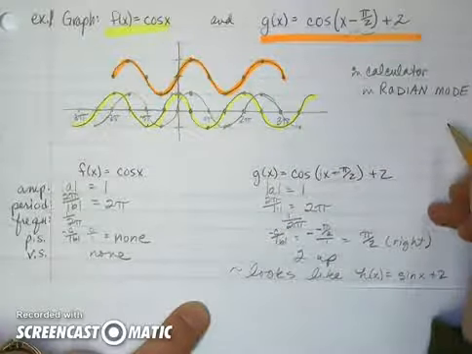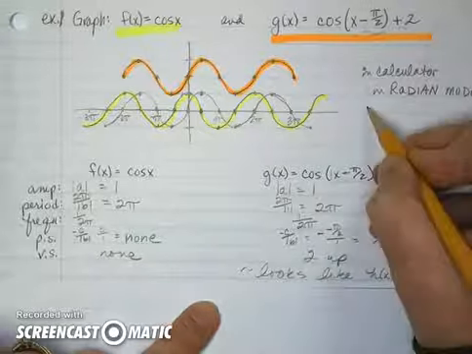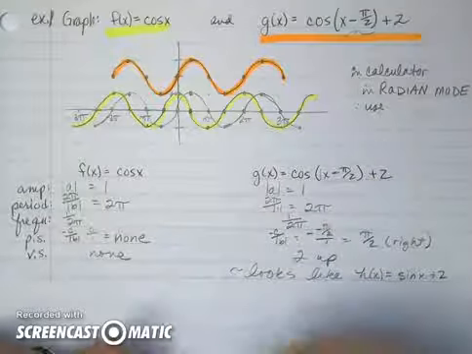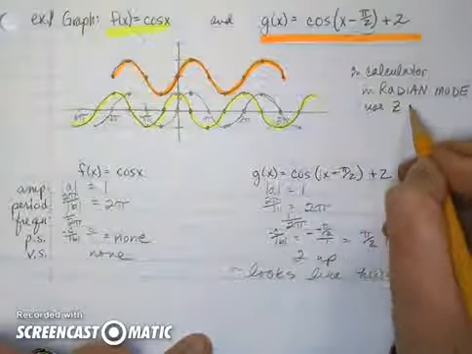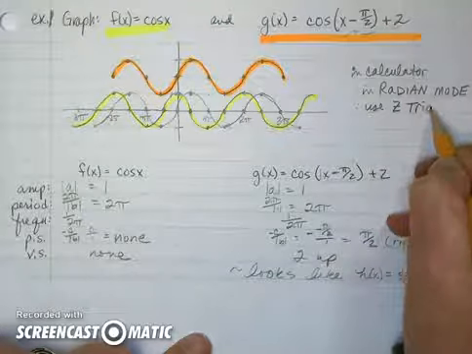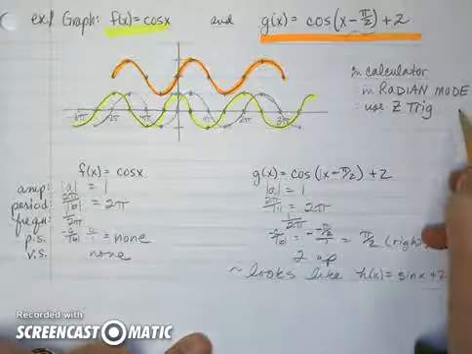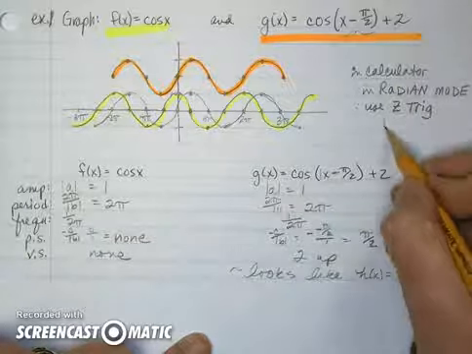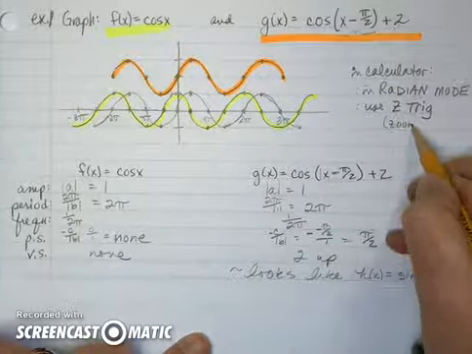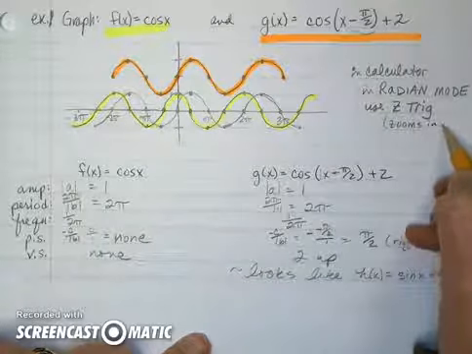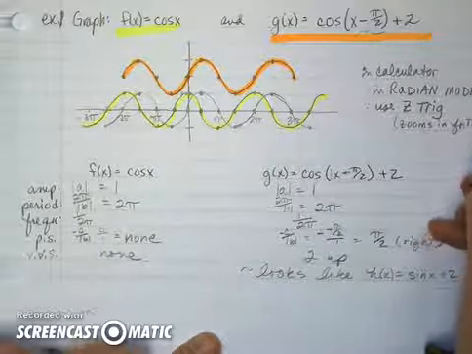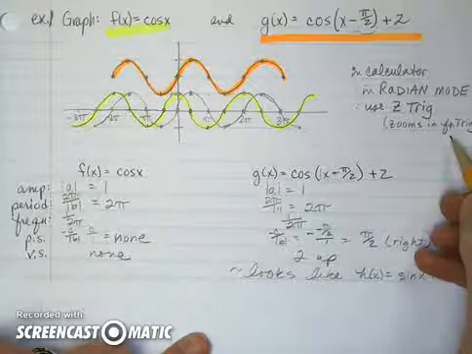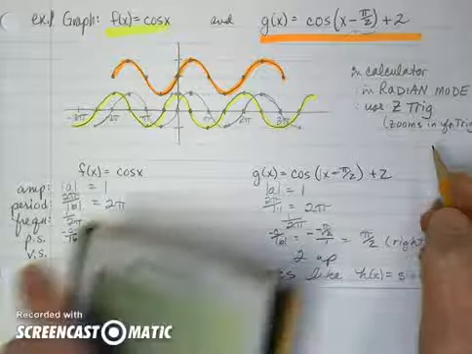You're now in Radian mode, and in the zoom function, you're going to use ZTrig. That zooms in for the trig function, and that sets the window for you. It's very, very nice.